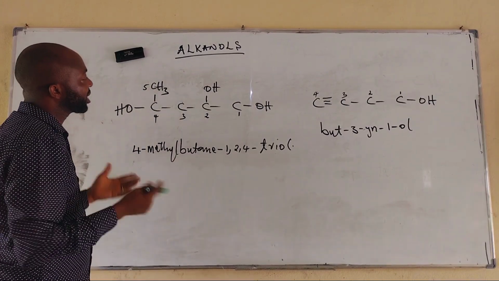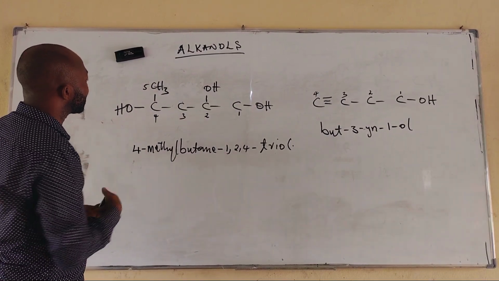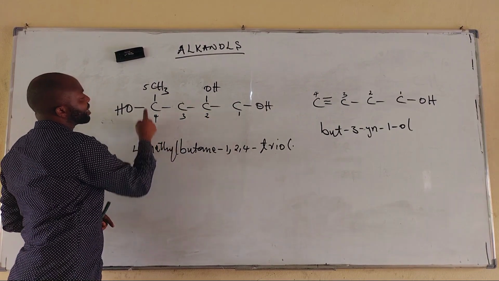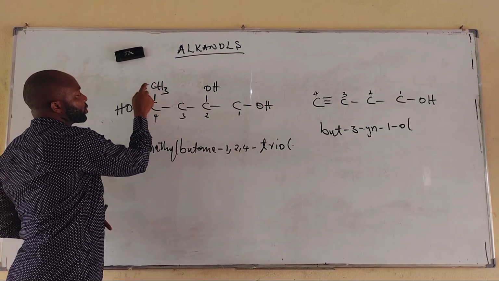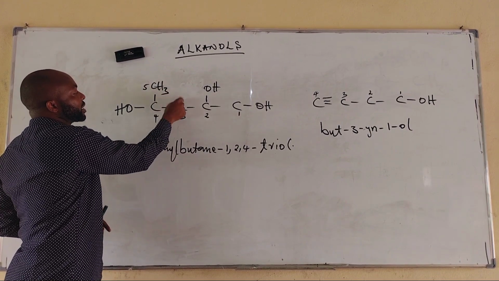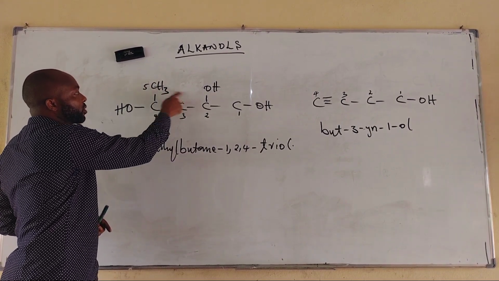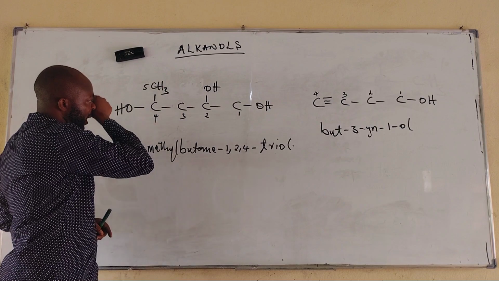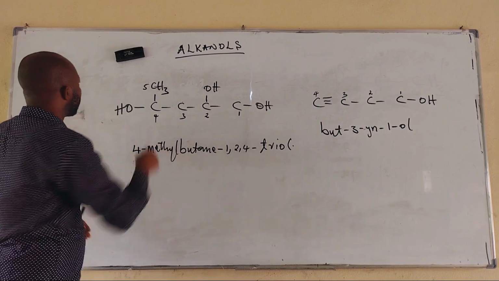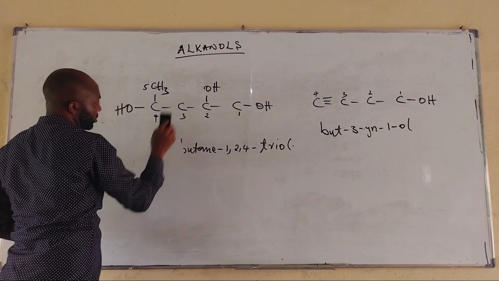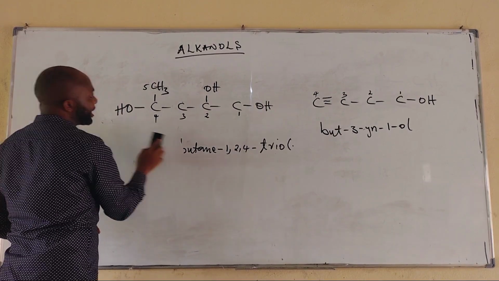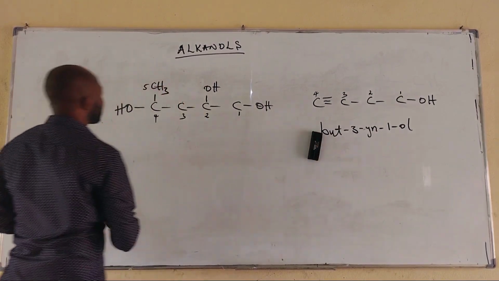You have to look at it carefully. We can easily make mistakes. So this continues as a parent chain, 1 to 5. If it were the second to last carbon, it is a substituent, but it is the last. So the name changes. This is not 4-methyl. So it becomes pentane.